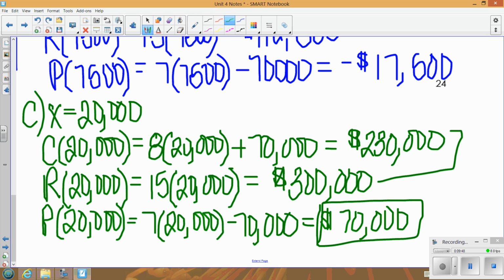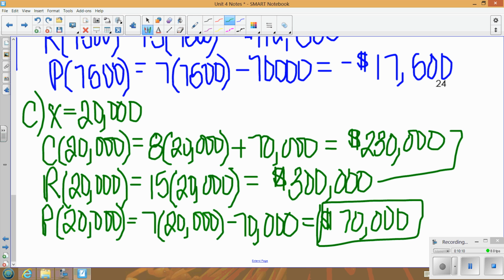So I'm assuming by the looks of it, I could sell less than 20,000 items, but definitely more than 7,500. So maybe somewhere in the 10,000 to 15,000 range would get me a reasonable profit, where I'm not losing money, but I'm making some money.